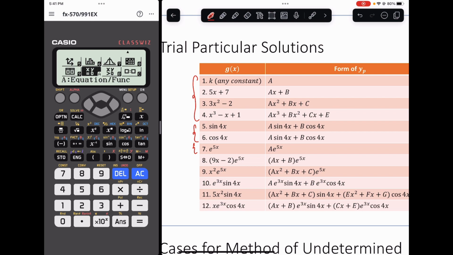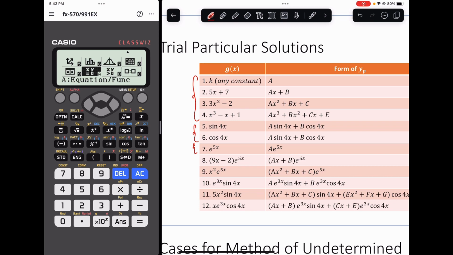For the algebraic function, we have to take note of the degree of the polynomial, or the highest exponent. When we are enumerating the terms of the trial particular solution, it should contain all the terms, whether they are present in g of x or not.